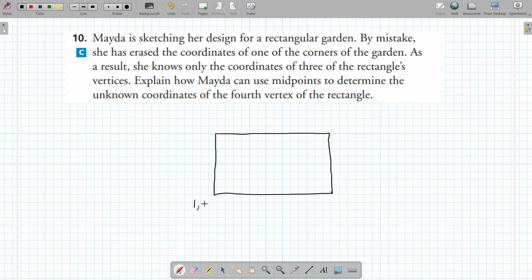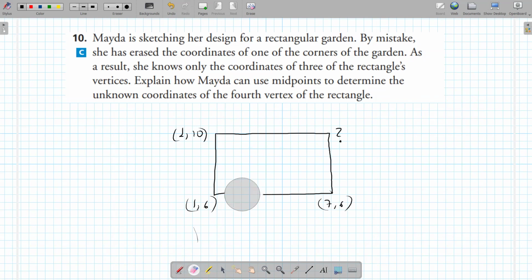So let's say this is 1, 6. Let's say this is 7, 6. Let's say this is 1, 10. This is missing. What's that coordinate? It's just 7, 10, right?